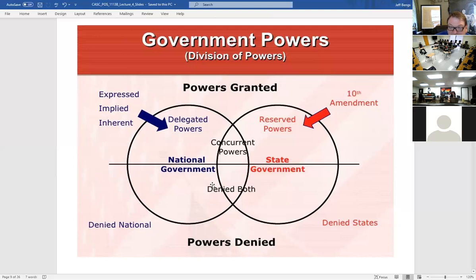That being said, both governments also had concurrent powers. That is, there were powers that both of them could exercise. For example, both the federal government and the state government can, sad faces put on, tax us. And they still do.